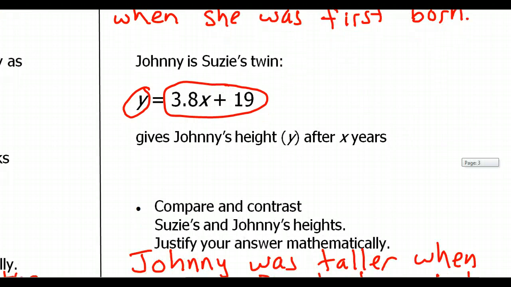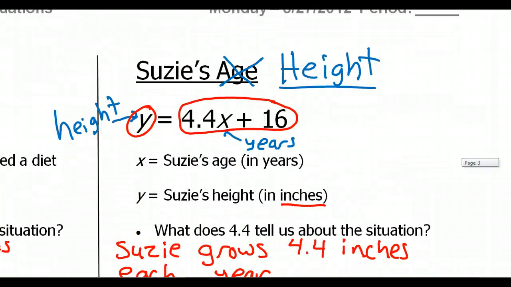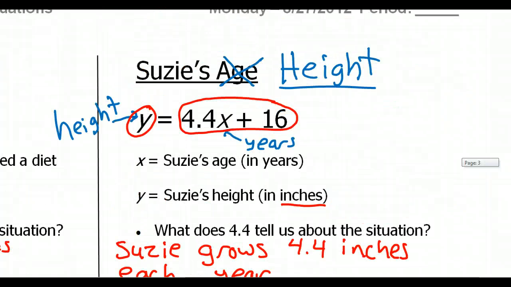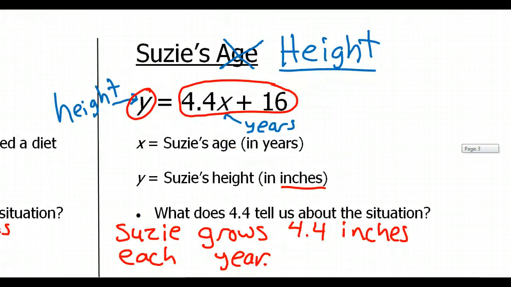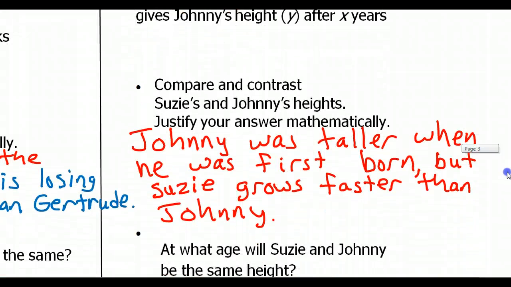So these two expressions I just circled, 4.4x plus 16 and 3.8x plus 19, if they are the same height, these two expressions should be equal to each other. So in other words, I should be able to make an equation.